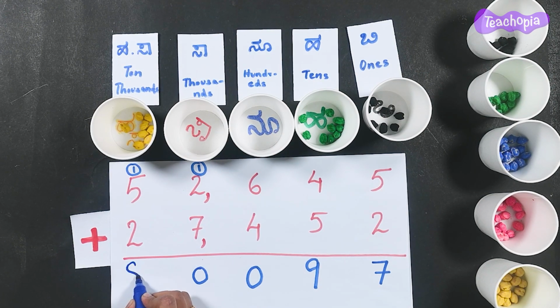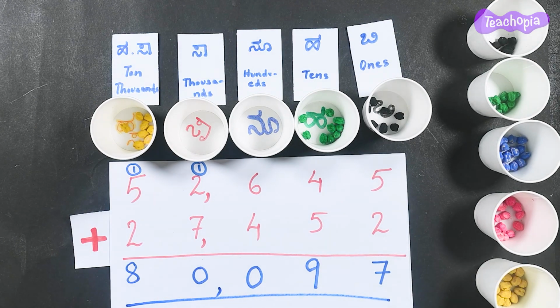We write 8 in the 10,000s place of the sum. Now we have the sum of the two numbers as 80,097.